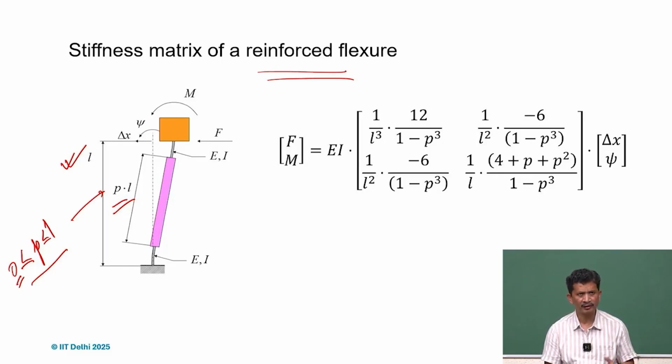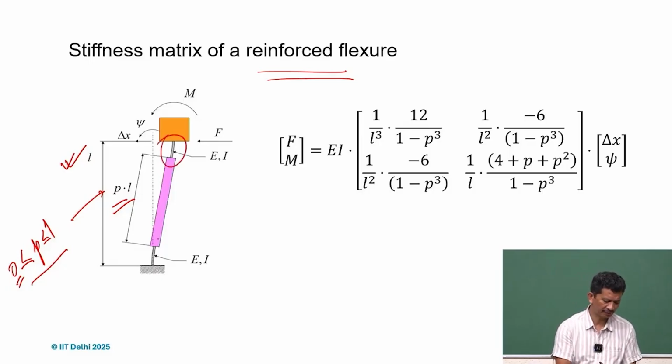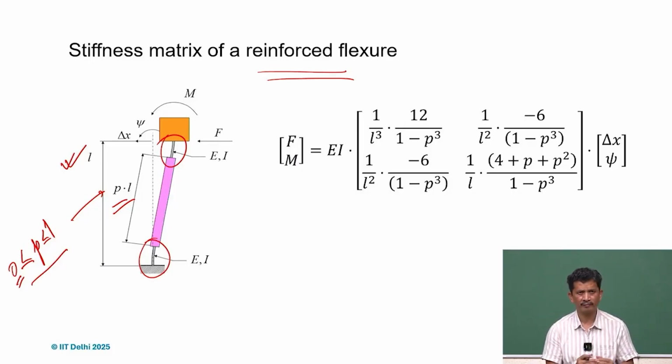If P is 1, then the entire thing will have the larger cross section and larger geometry. In between, this is the compliant part, and the stiffness of the middle reinforced section is way higher. So for this kind of analysis, we can assume that that section is rigid.